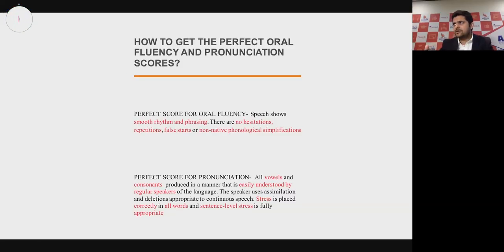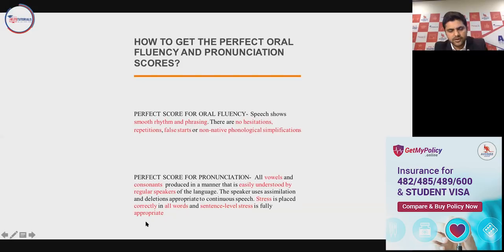When the sentence is about to end, the sound, or your pitch, decreases. So that is what sentence level stress is. You are stressing on the important words, and then when you're about to end the sentence, you slightly decrease your voice in a way that creates a proper meaning that helps the other person to understand what you are saying.